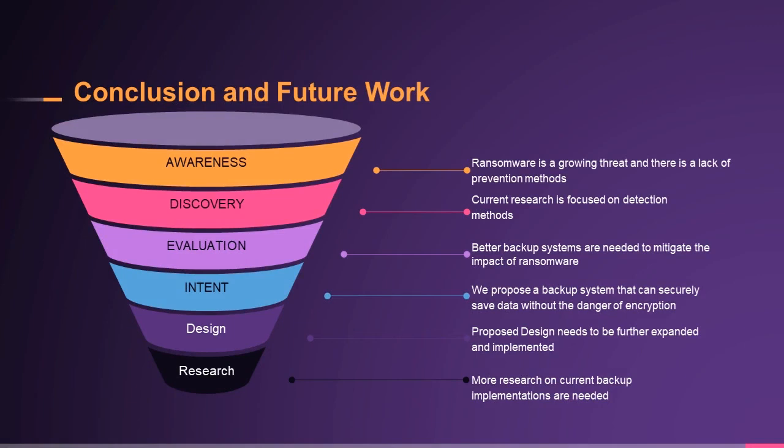And then we need to evaluate the best ways of actually stopping these ransomwares. And intent is what we want to do to stop it. So then we design it and we research more into making stuff like the backup system better and stronger and more safe.